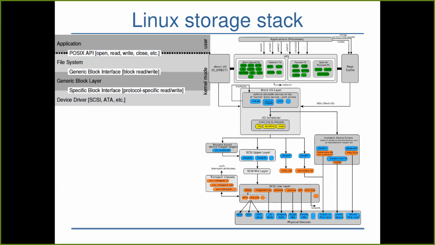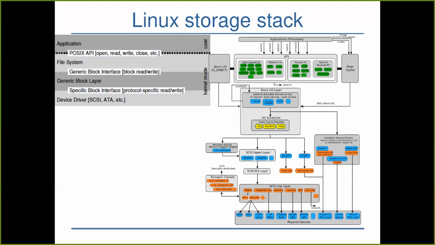Then it reaches the block layer, and eventually that's going to go to a specific layer, right? For example, you can go to the SCSI layer. SCSI will also have different layers like upper layer, middle layer, lower layer, and so on.